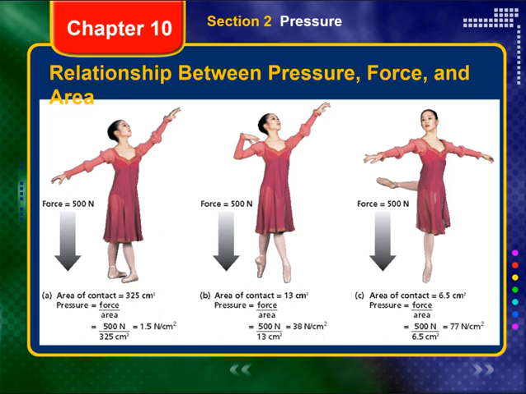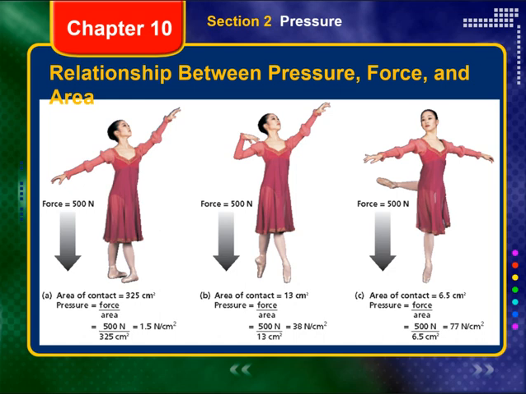However, when that ballerina goes up onto her toes, like ballerinas do, the force does not change. She has the same mass. She's being accelerated by gravity to the same extent, and so it's still a 500 newton force. However, we've reduced the area of contact between her and the ground. She's up on her toes. We've gone from 325 square centimeters all the way down to about 13 square centimeters.